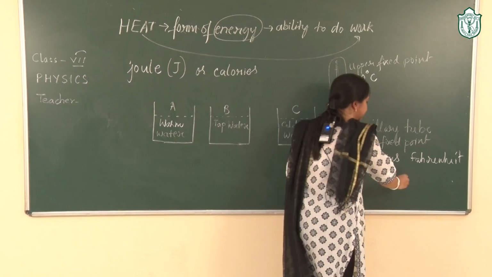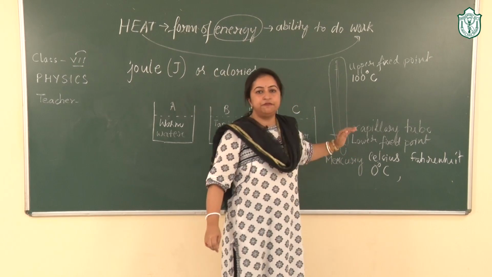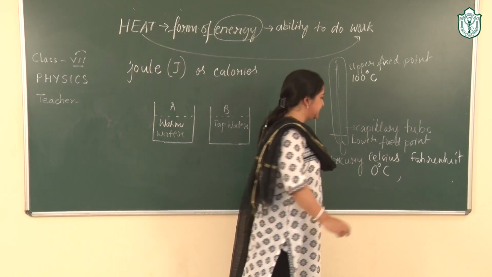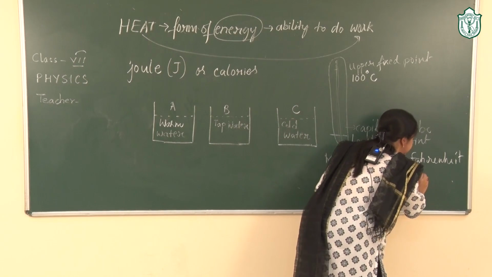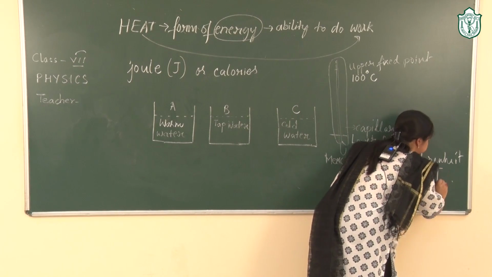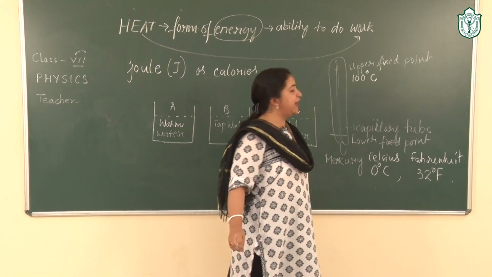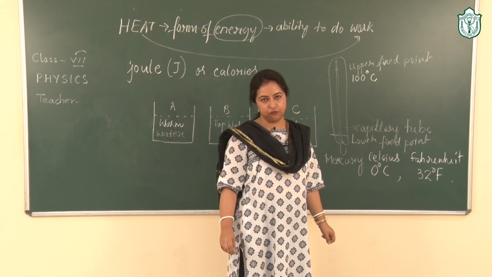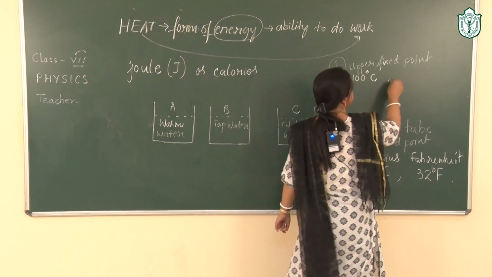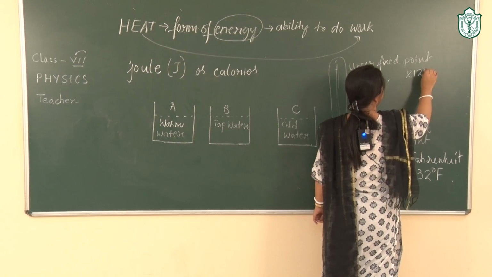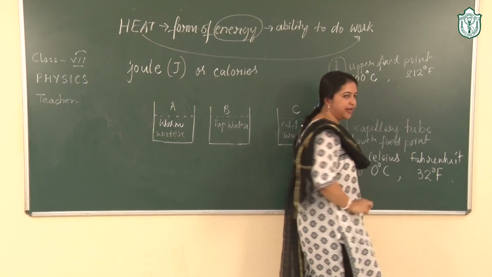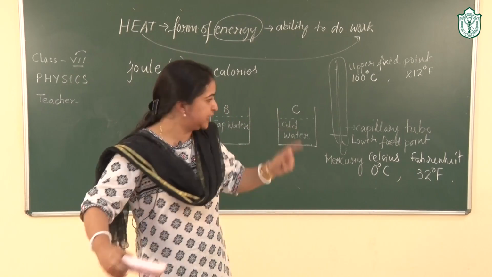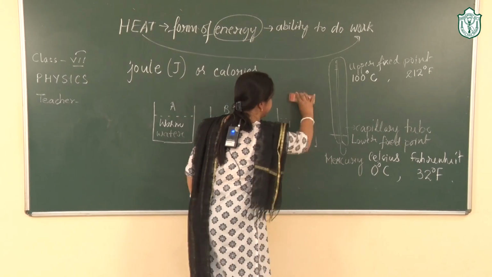In Fahrenheit scale, the freezing point of water or the melting point of ice is taken as 32 degree Fahrenheit, and the upper fixed point, which corresponds to the boiling point of water, is taken as 212 degree Fahrenheit.